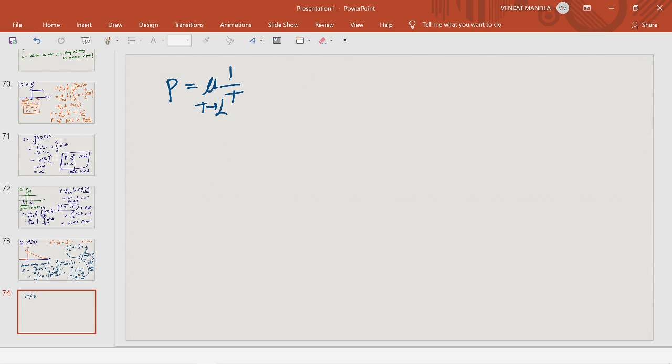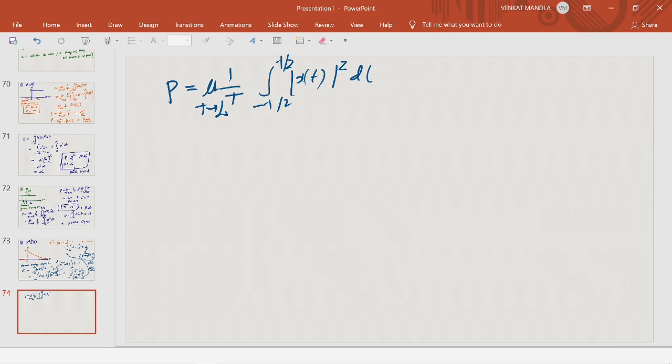It is not a periodic signal, so limit T tends to infinity, 1 by T, integral from minus T by 2 to plus T by 2 of magnitude of x of t whole square dt. So if you substitute T tends to infinity here, this becomes minus infinity, this becomes plus infinity.